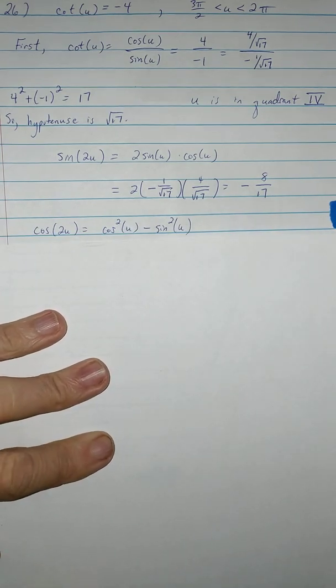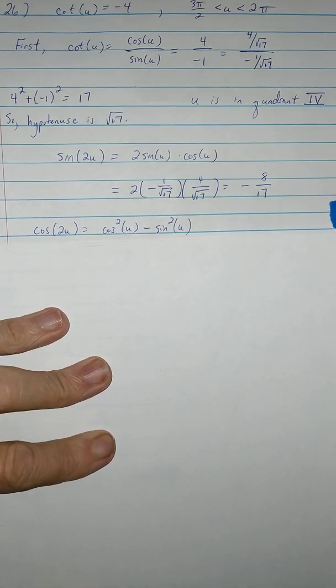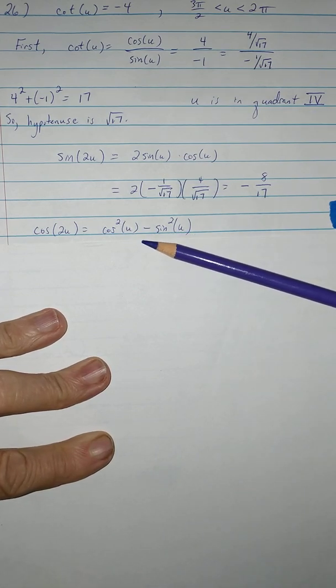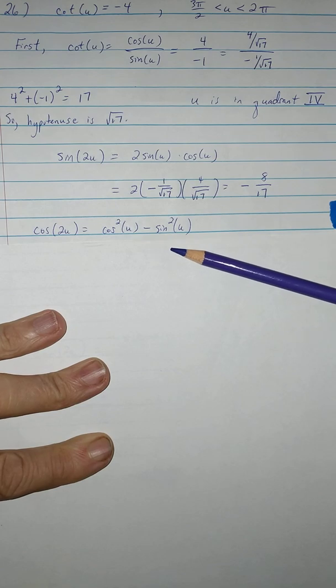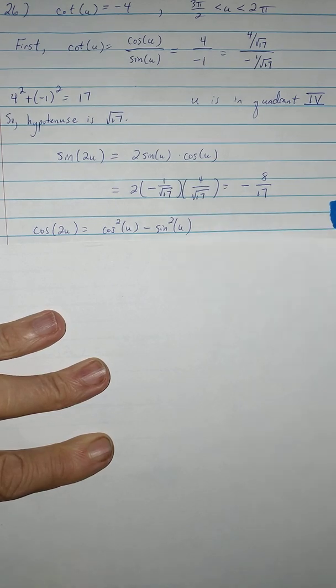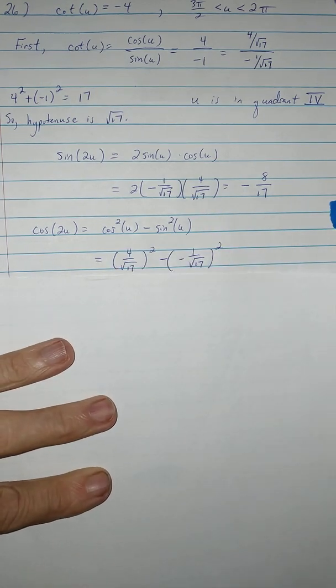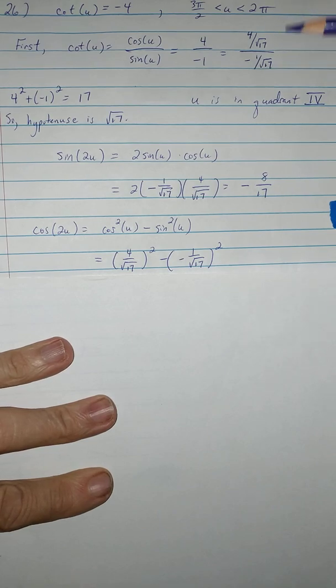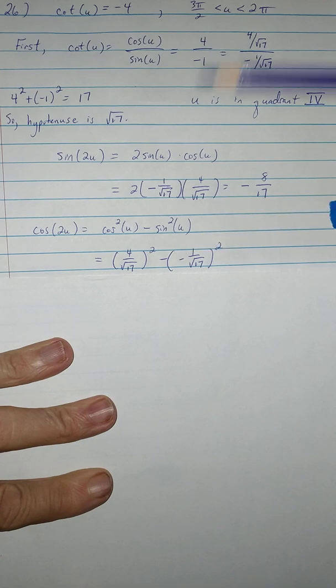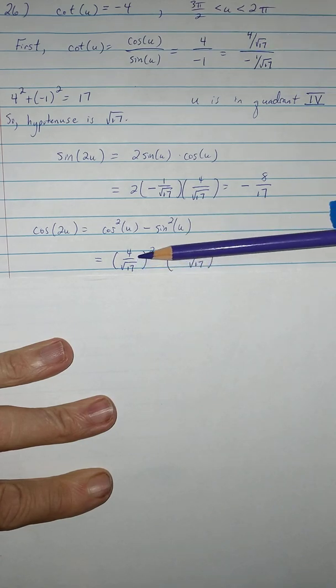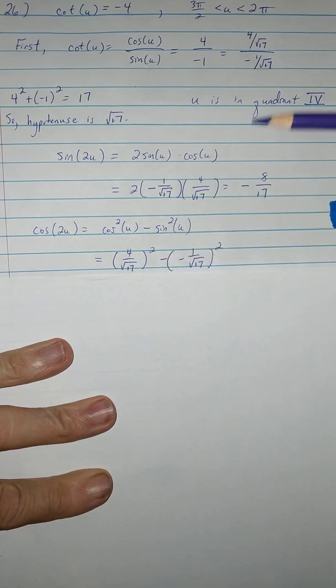For cosine of 2u, double angle for cosine, I wrote that it equals cosine squared u minus sine squared u. That's our first and primary double angle identity for cosine. I go back to this ratio and I make the substitutions because I've already got everything written down. Cosine is 4 over square root of 17. There it is. Sine is negative 1 over square root of 17.